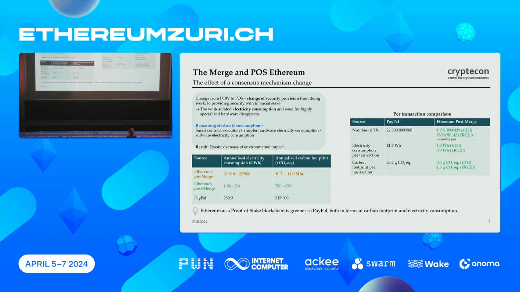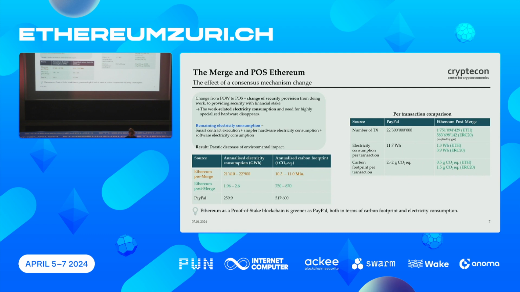And when we compare these results to PayPal's climate report from 2022, we can see something even more interesting. At first sight, before the merge, Ethereum's analyzed electricity consumption was around 80 times larger than PayPal's, and after the merge, Ethereum's electricity consumption became more than 100 times smaller than that of PayPal's. If you compare the carbon footprint of the two, we see an even greater difference.